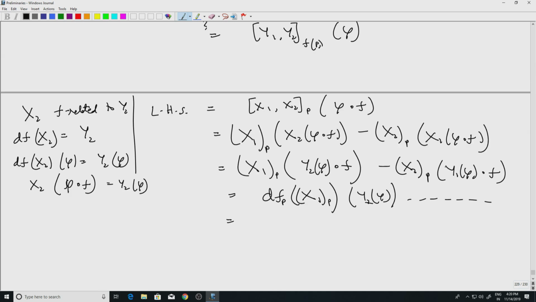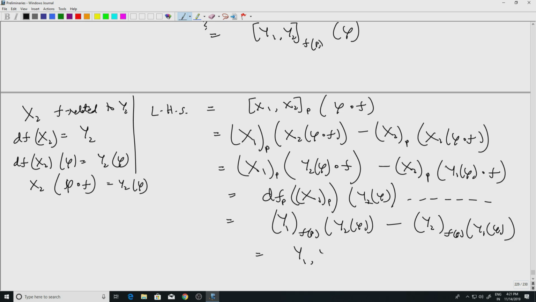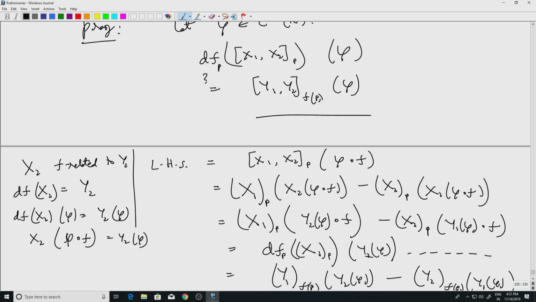So this would be y1 at f of p, y2 phi, and the second term will turn out to be y2 at f of p, y1 phi, which is by definition the Lie bracket of y1, y2 at the point f of p, which is what I wanted.